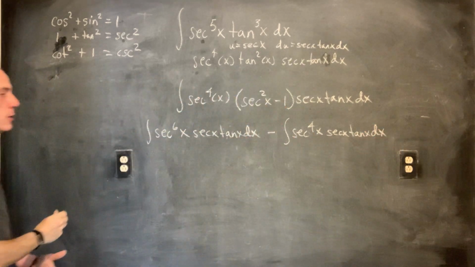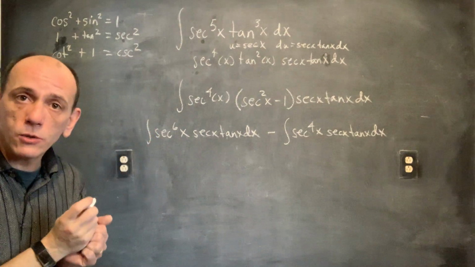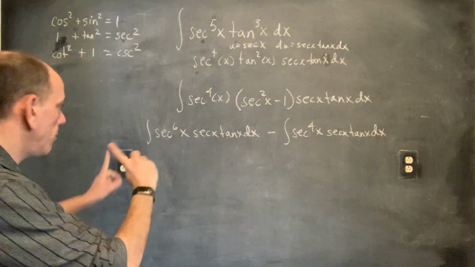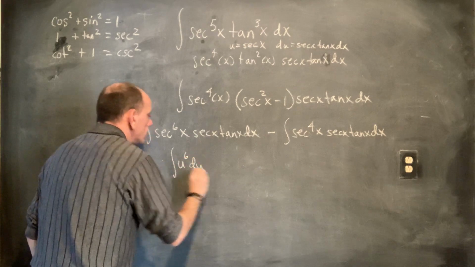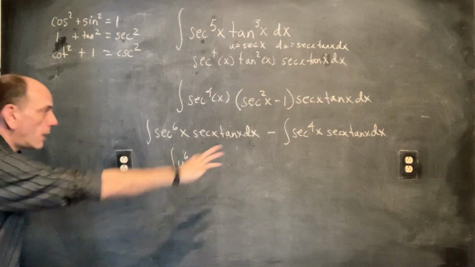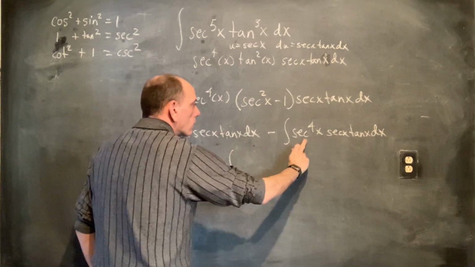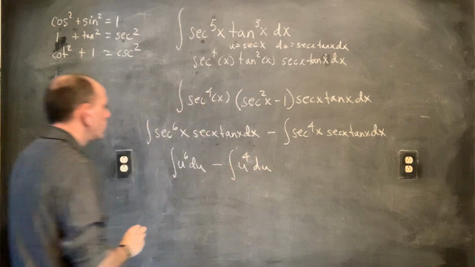And there my du is appearing in both of those. So I can just straight u sub for secant. Those will be power rules. Integral u to the sixth du, right? Du is secant tangent dx. Minus integral secant to the fourth, so u to the fourth du.